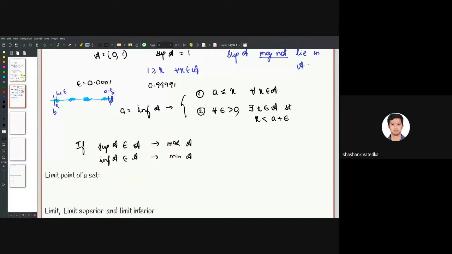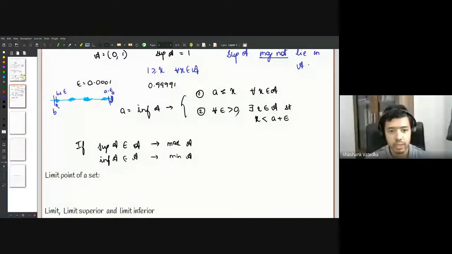So these two are well defined for every set, but the maximum and the minimum need not be well defined. So in particular, the set A over here has a supremum and an infimum, but it does not have a maximum or a minimum.